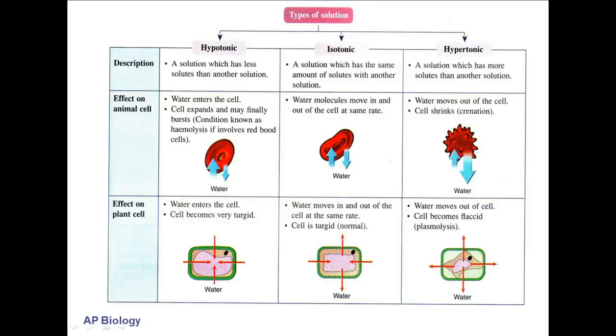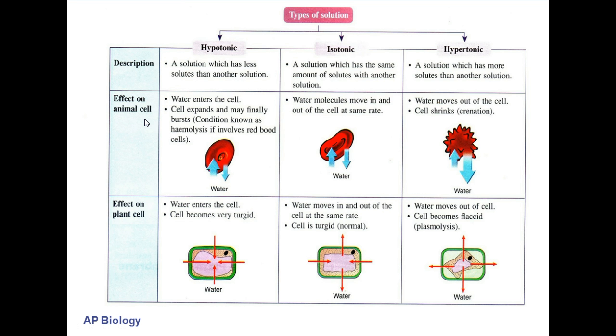That's extremely important. Now we're going to look at the effect on both animal and plant cells. So if you look at our slide here, we're going to look at the effect on animal cells, and we're also going to look at the effect on plant cells, because you're going to be asked about either or both on the exam.